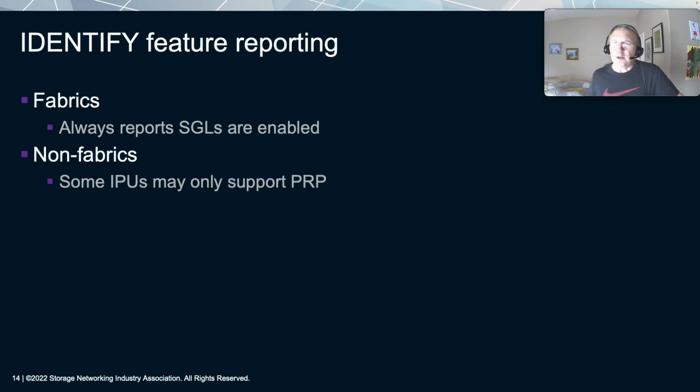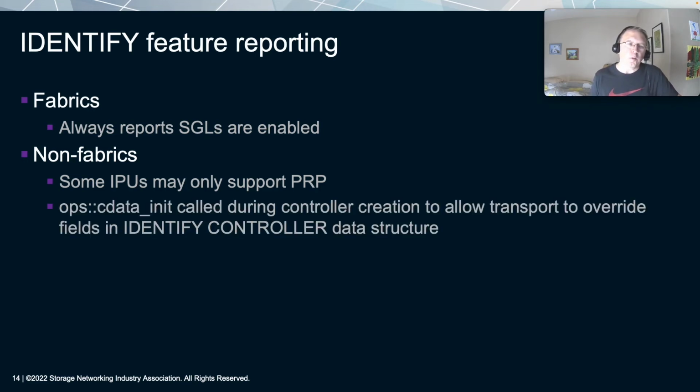But there are IPUs that may not support SGL. They may only support PRP, and we need to allow a way for the IPU transport to express that. So what we've added is something we call cdata, for controller data, which is the identify controller data. It allows the transport to initialize that data to override certain fields in that data structure.